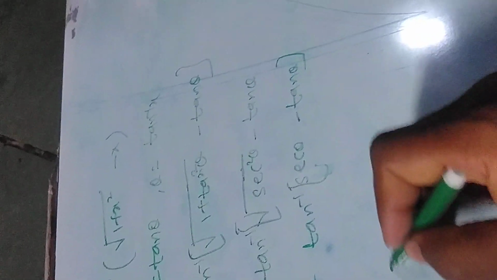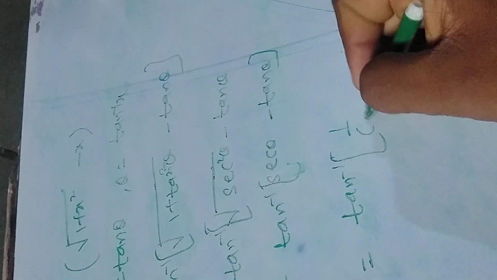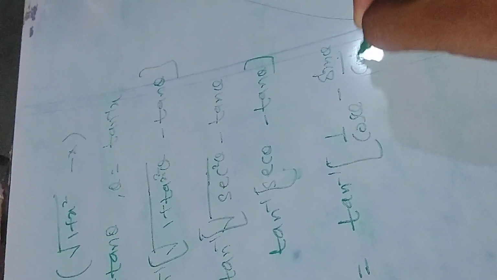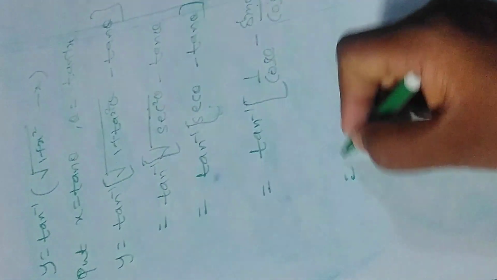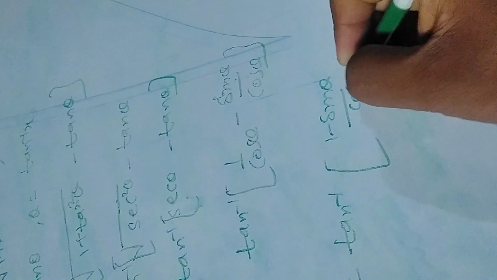So in the next step it can be written as tan inverse of 1 upon cos theta minus sin theta upon cos theta. In the next step it will come out as tan inverse of (1 minus sin theta) upon cos theta, as the base will be the same.